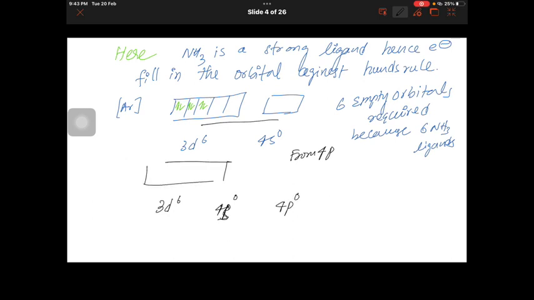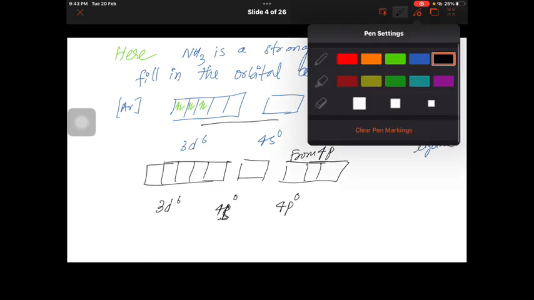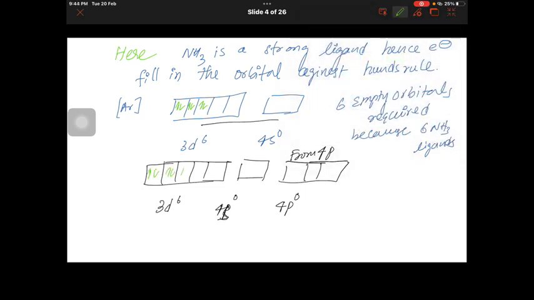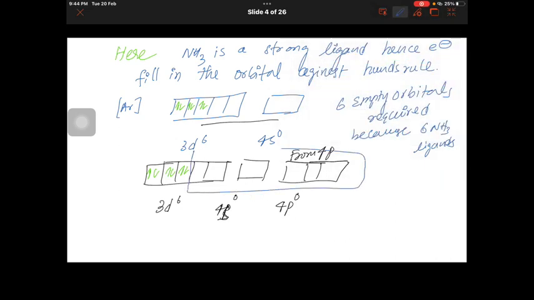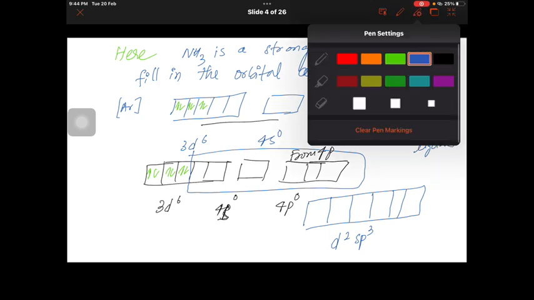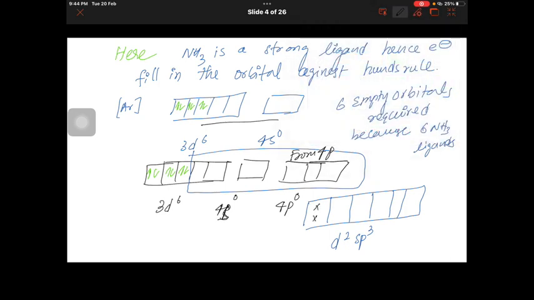So d orbitals 6, 4s and 4p, p orbitals 3. So now 6 electrons in 3d, so then we'll get 6 empty orbitals. These 6 empty orbitals undergo hybridization, forming 6 new hybrid orbitals, that is d2sp3. Each d2sp3 hybrid orbital takes a lone pair of electrons from the ligand, forming a coordinate covalent bond.